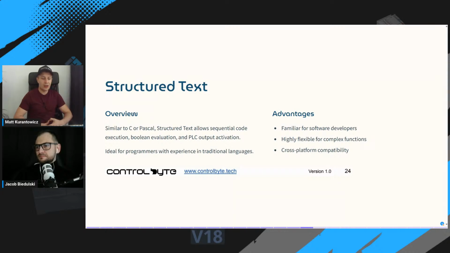We can use AI like ChatGPT to help us develop in structured text. Of course, we can also install local AI agents to help us develop PLC code.